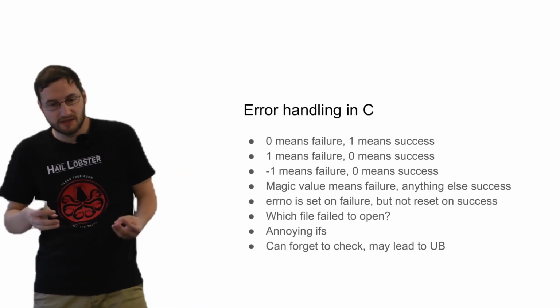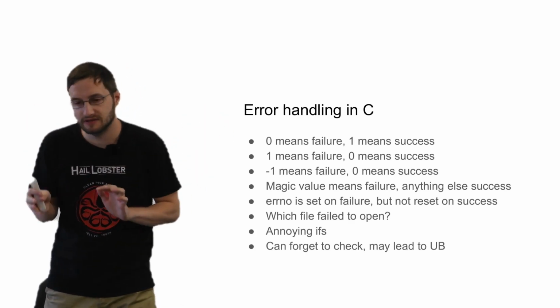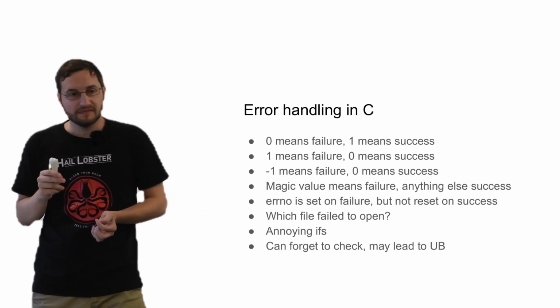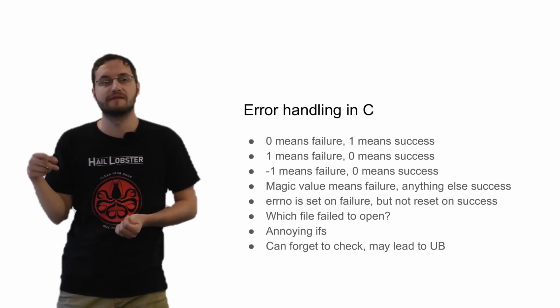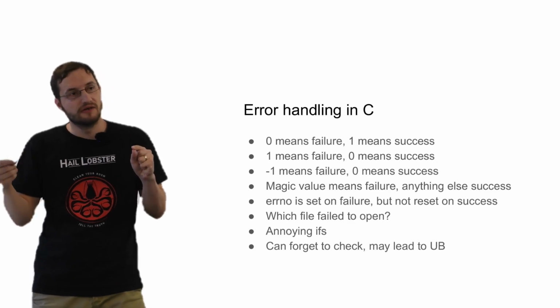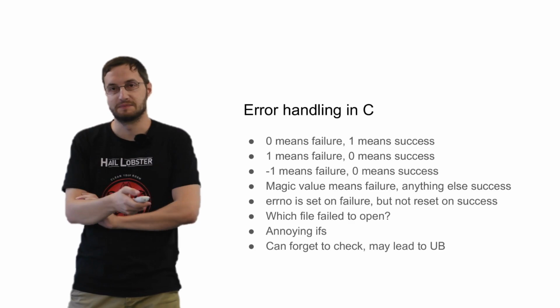So you could say, okay, let's just ignore all the other return values and just check errno. Unfortunately, I cannot do it, at least not practically, because errno is not reset when a function succeeds. So you would have to reset errno every time before calling the function, which is both annoying and less performant.